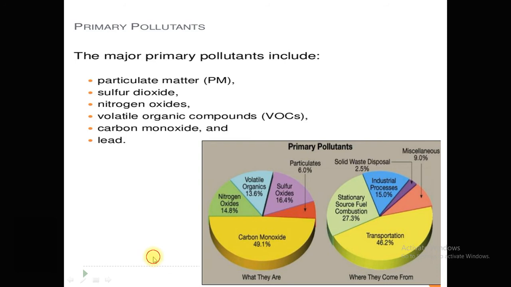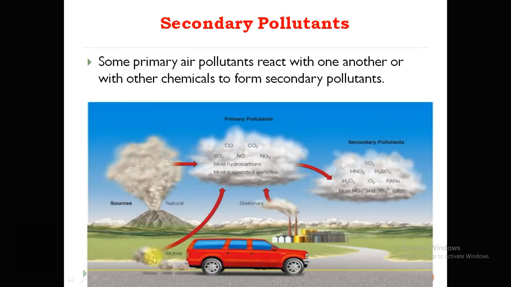And after that, what is a secondary pollutant? Secondary pollutants are air pollutants formed in the atmosphere as a result of chemical or physical interaction between primary pollutants.